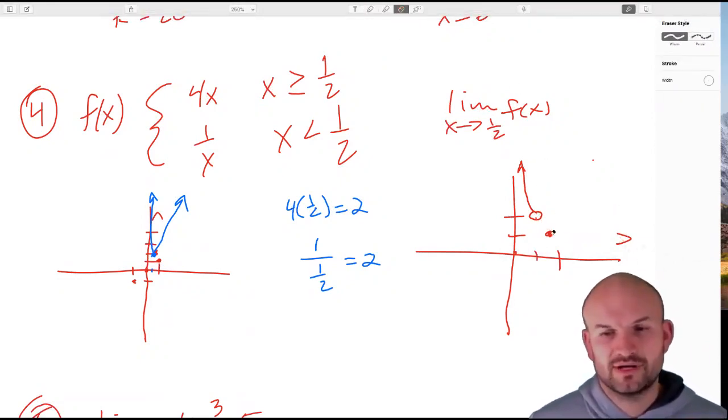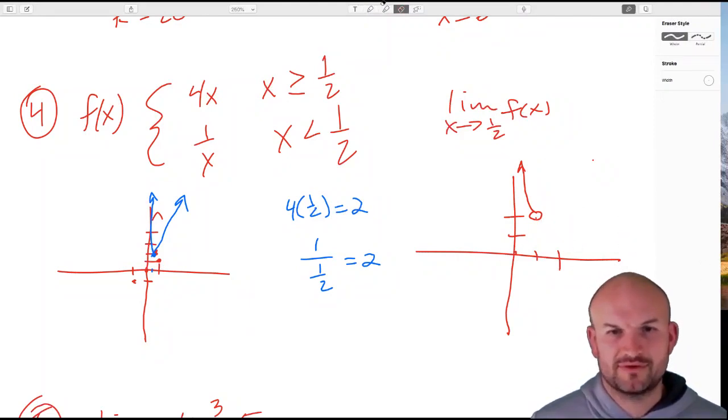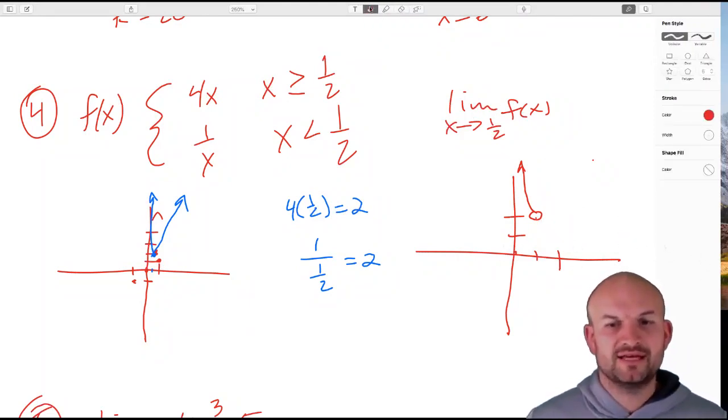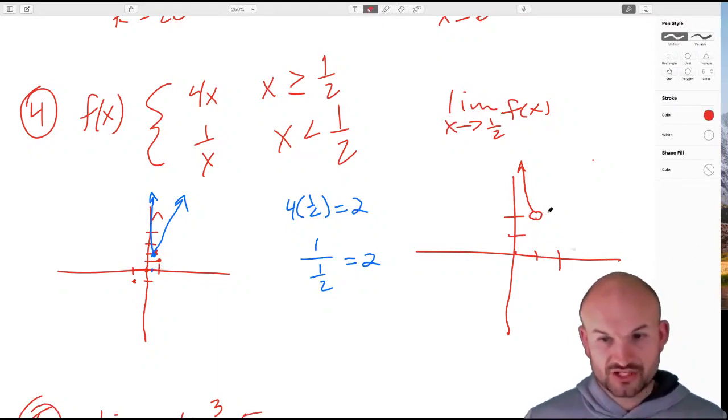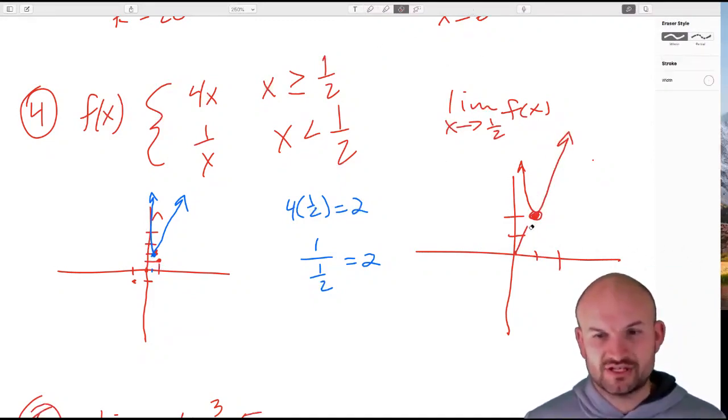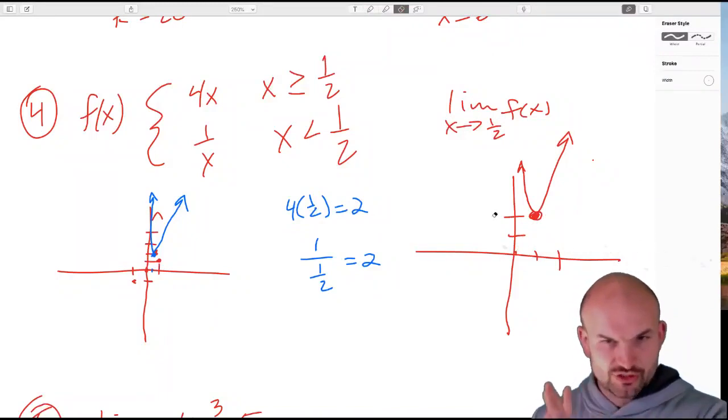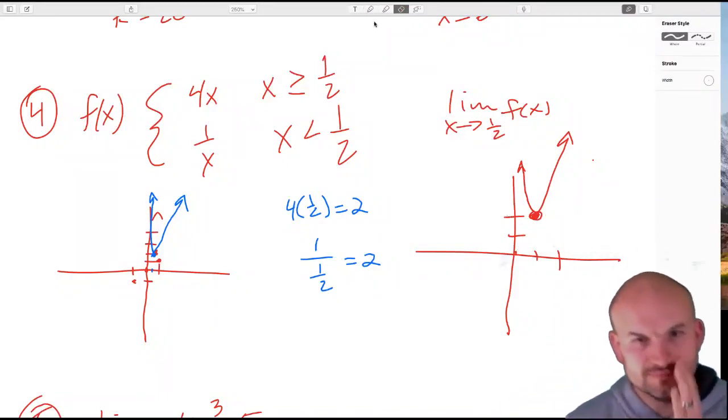This is important to understand, and I'm glad I went back through it. The linear function actually starts here, it fills in, and then it goes up from there. But we don't need to include anything to the left because it said only for x values greater than or equal to 1/2. So here's a zoomed-in approach of what I was trying to show.